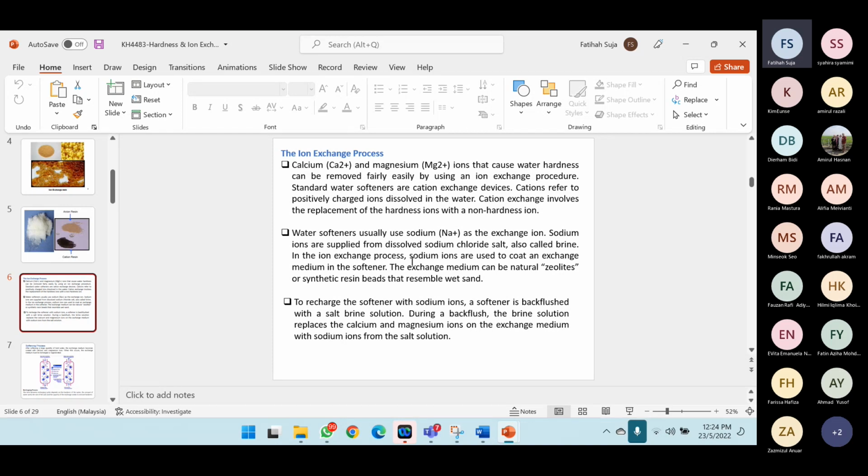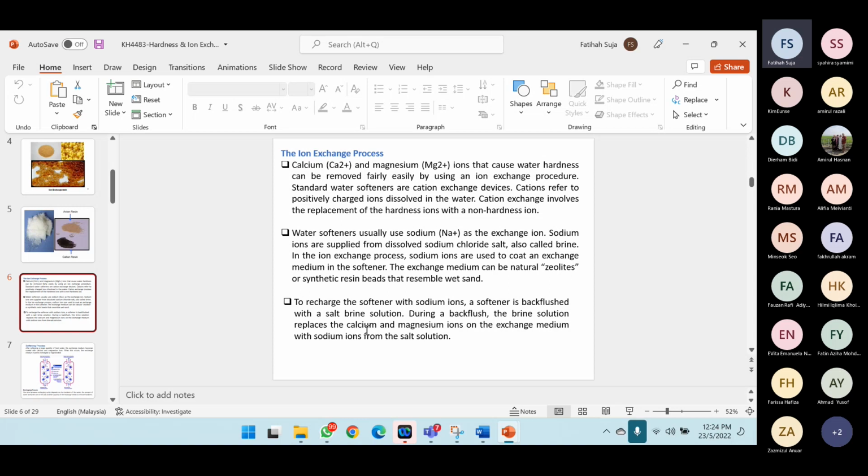In the exchange process, sodium ions are used to coat the exchange medium in the softener. The exchange medium can be natural or synthetic, as we have just discussed. To recharge the softener with sodium ions, a softener is backflushed with a salt brine solution. So usually you have already coated the resins with all this sodium.